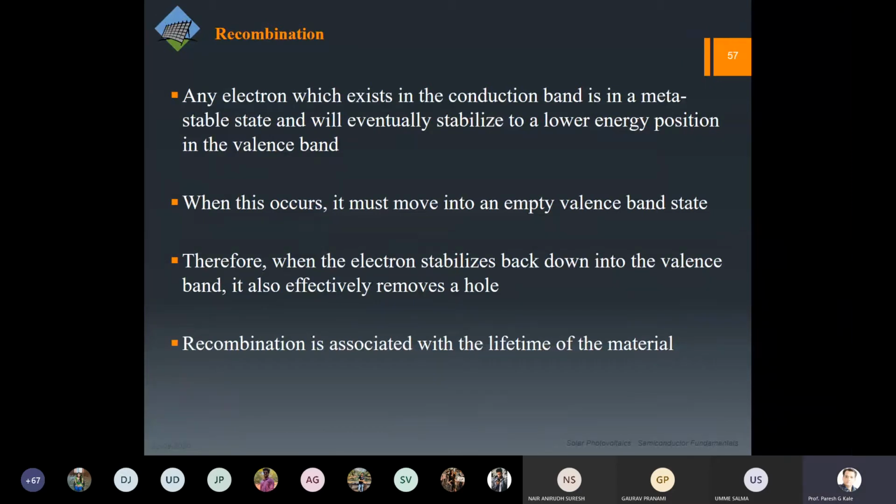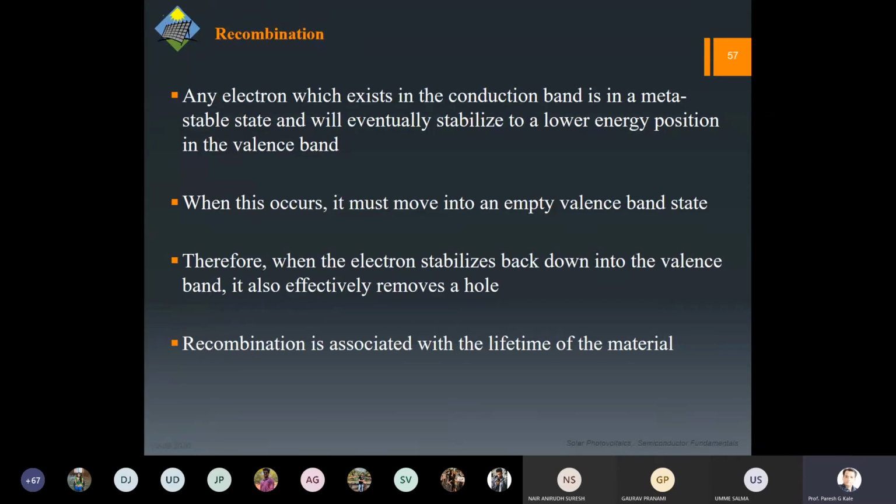So you can see that it is related to the lifetime of the material. Now, what is the lifetime? Generation means the birth. When the electron absorbed that photon, it acquired some energy, it went to the upper level. So at that point, the birth of the electron has taken place, free electron, I should say. And automatically when there is a birth of free electron, there is a hole as well.